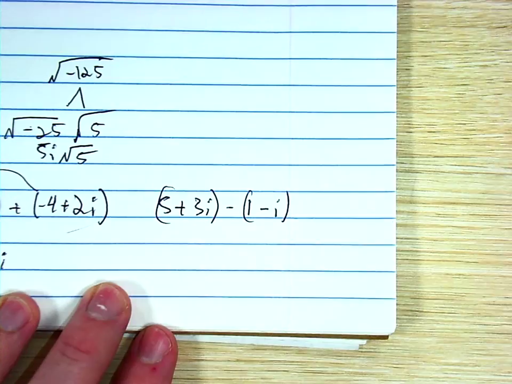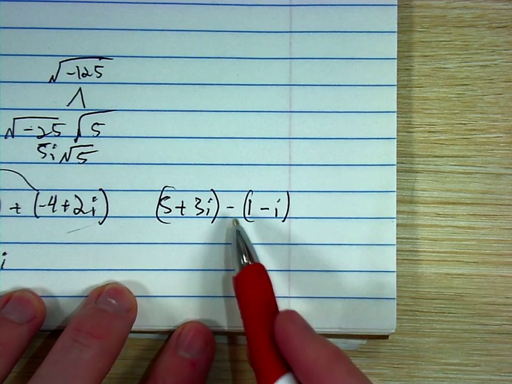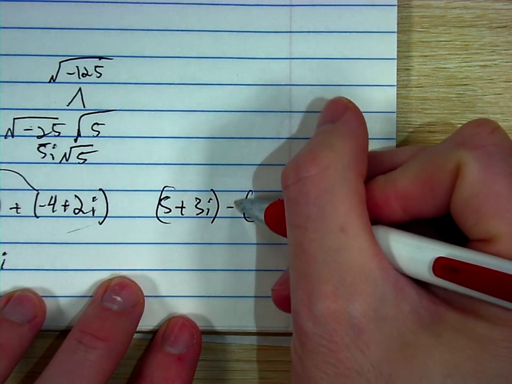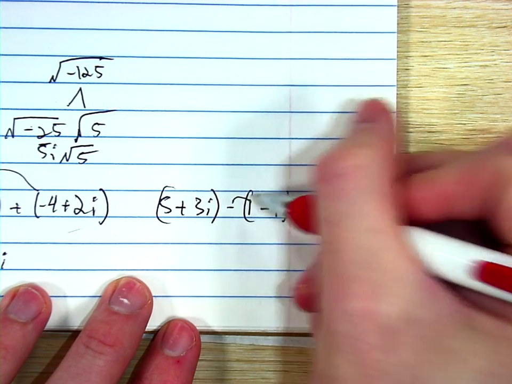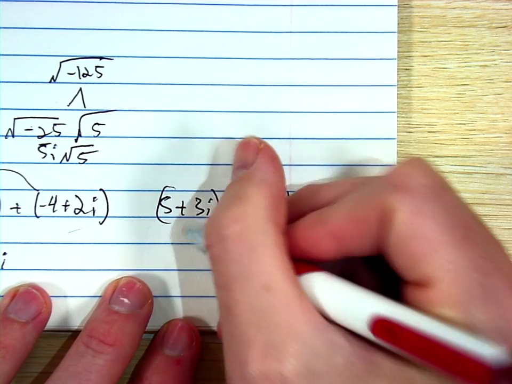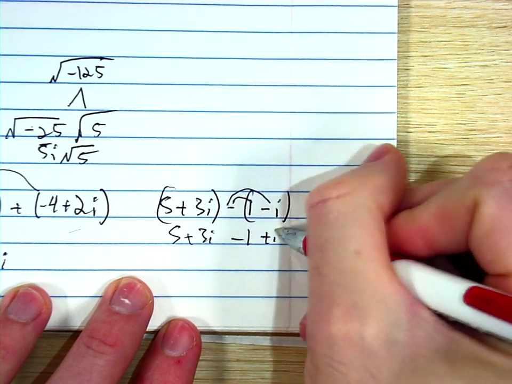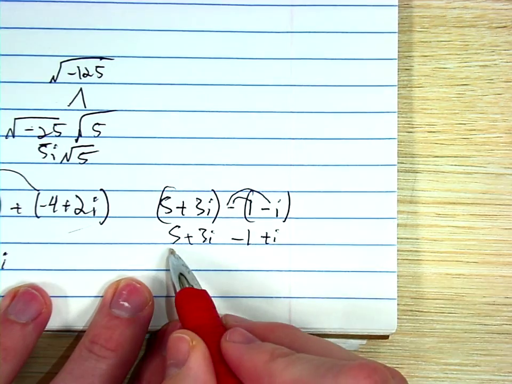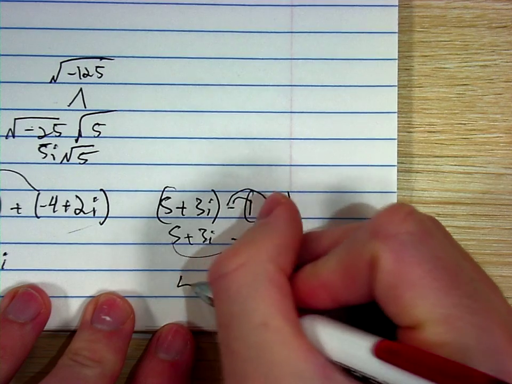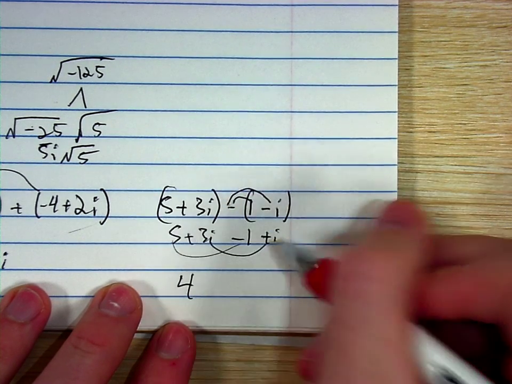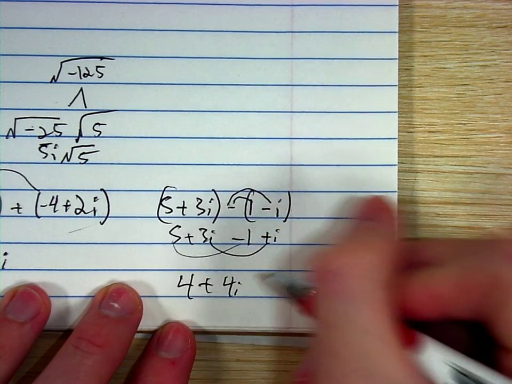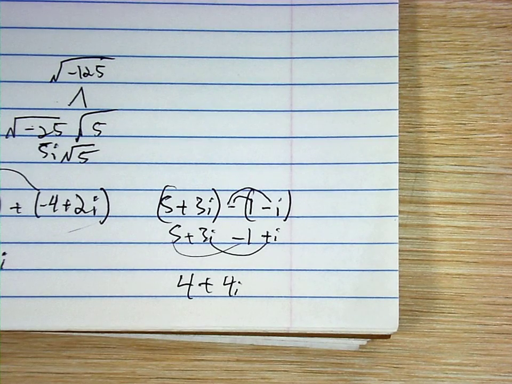If I had 5 plus 3i minus 1 minus i, remember this minus is going to go to both of them, so it's going to make that a minus. It's going to make that actually back to a plus. Minus 1 plus i. Look at your real numbers, 5 and negative 1, it's going to be a 4. Look at your i's, 3i plus 1i, that's 4i.